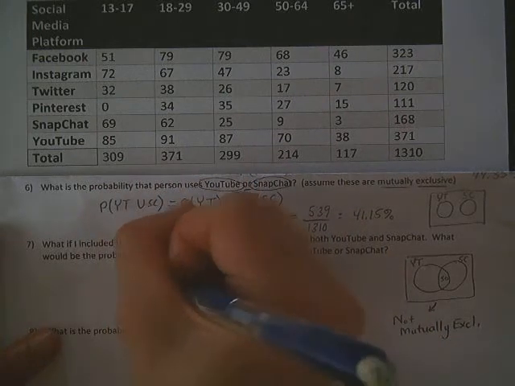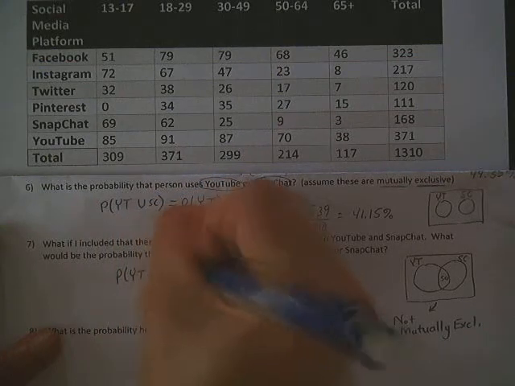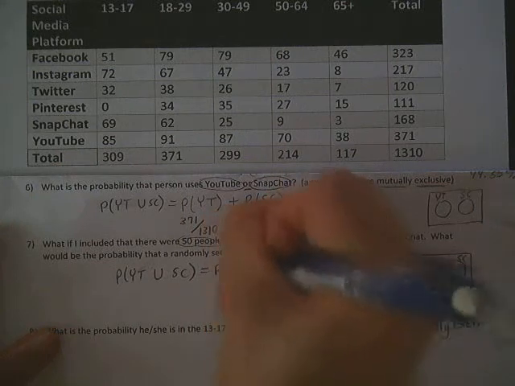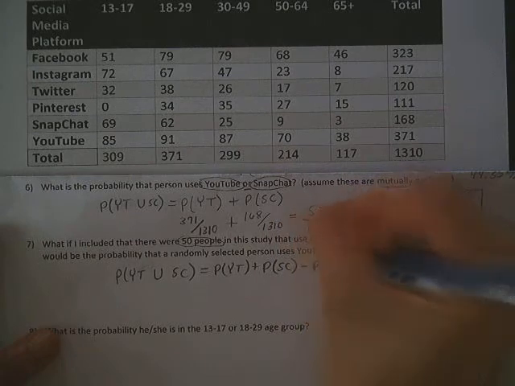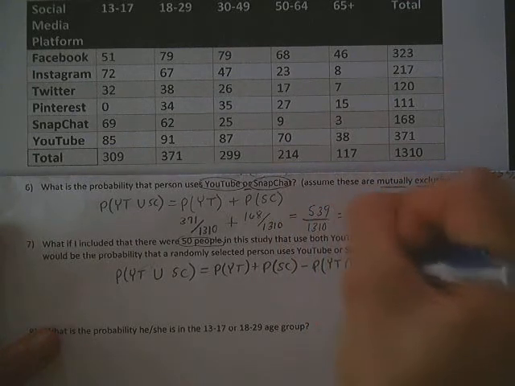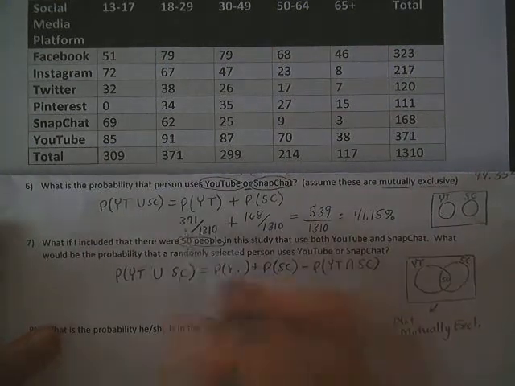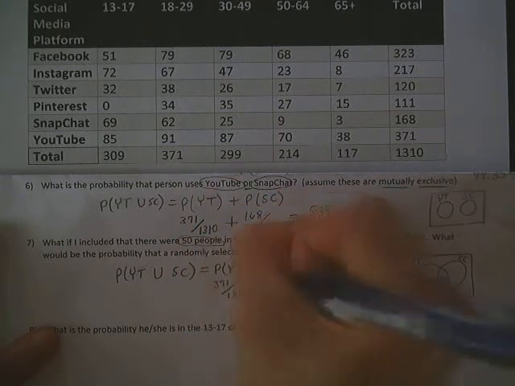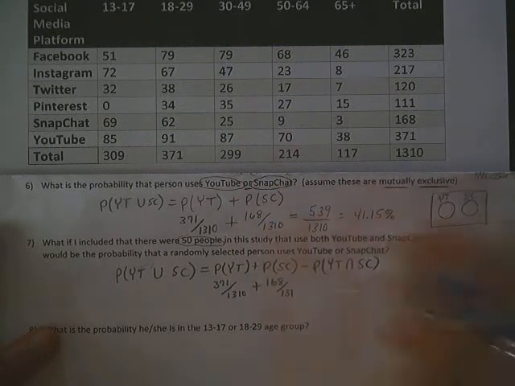So you would do probability that they would get YouTube or Snapchat would equal, take the probability that they like YouTube plus the probability they like Snapchat, and then you have to subtract the probability or the percentage of people that use YouTube and Snapchat. Okay, so that's the symbols for it. So we already know this part because we just did that up there. So there's 371 out of the 1310 that use YouTube, plus there's 168 out of the 1310 that use Snapchat.